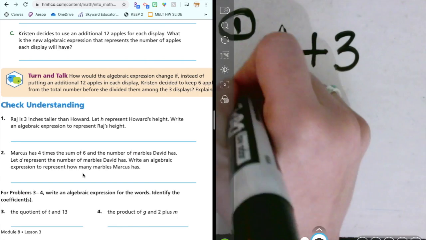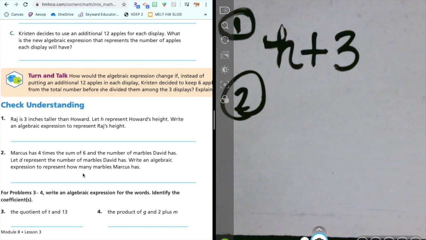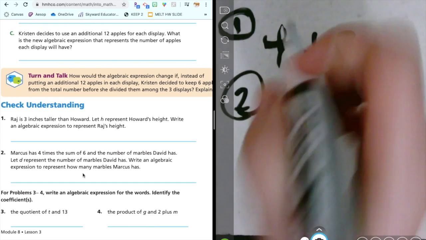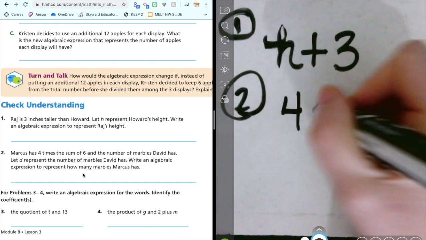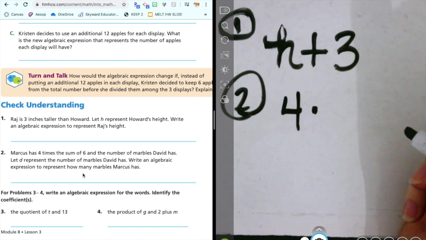Go ahead and pause and work out number 2. Marcus has 4 times the sum of 6 and the number of marbles David has. Let D represent the number of marbles David has. All right, so I like to just break this up. And if this were possible, I would write all over my words, but we all know it's just on the screen. So 4 times. Then I read that it says the sum.